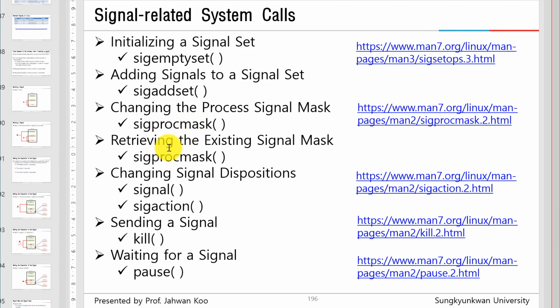To find out the existing signal mask, you can use the sigprocmask system call. To change the signal dispositions, you can use the signal or sigaction system call. To send a signal, you can use the kill system call. To wait for a signal, you can use the pause system call.